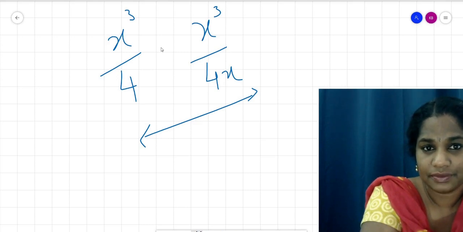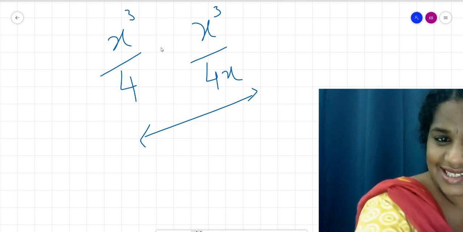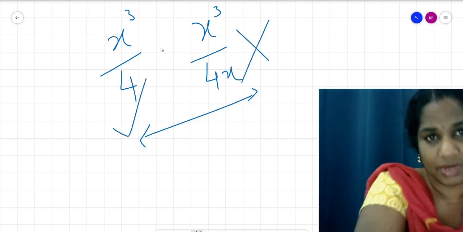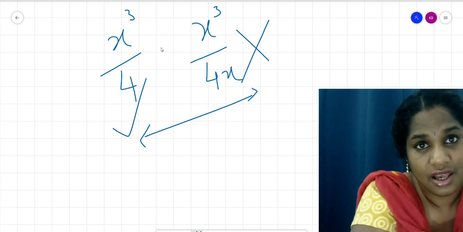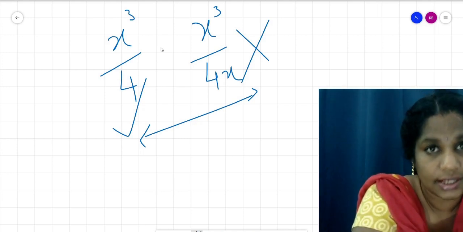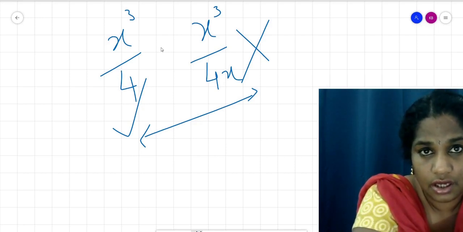No idea? This is a polynomial and this is not a polynomial. Why? The variable cannot be a denominator. In the denominator, you should not have a variable.